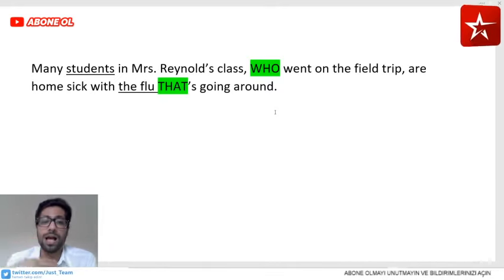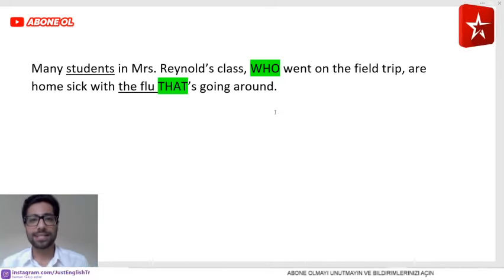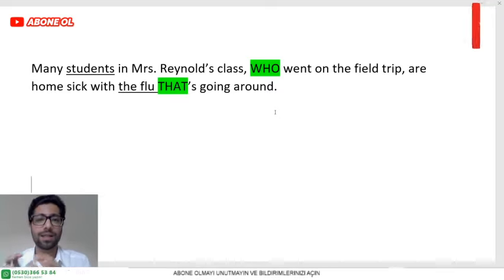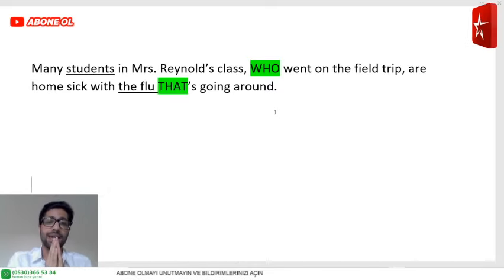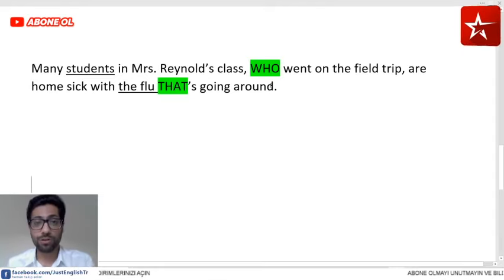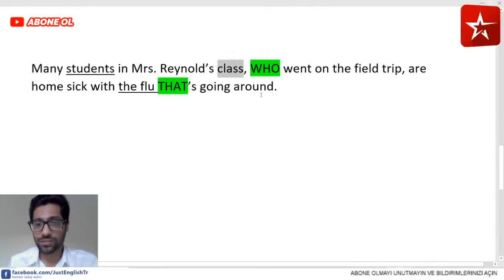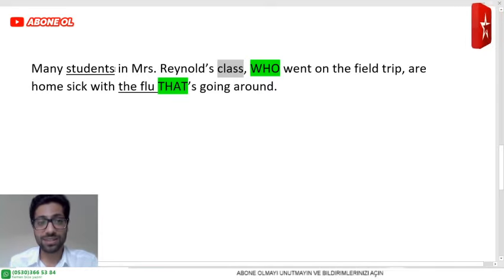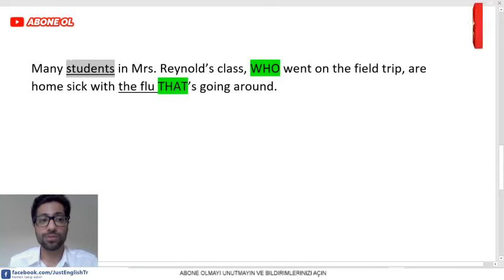Be careful here. What I said before: the adjective pronoun must be preceded by a noun. However, class is not the noun. The noun here, as I underlined for you, is the students.